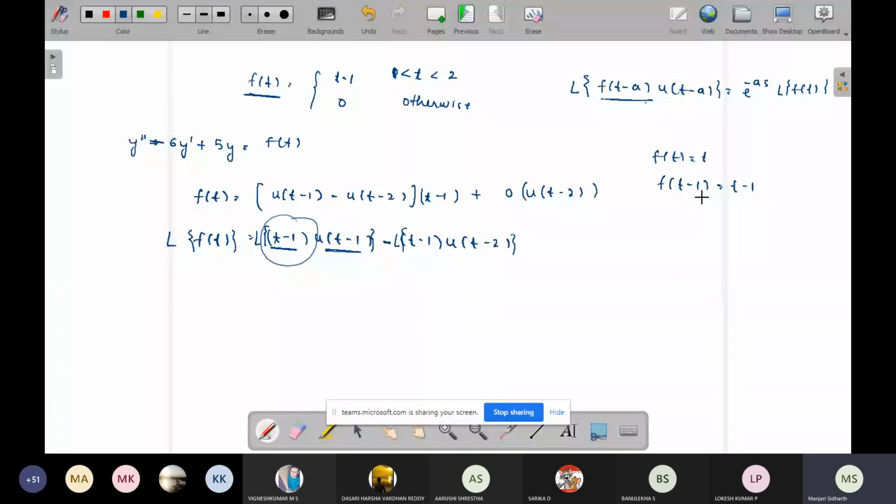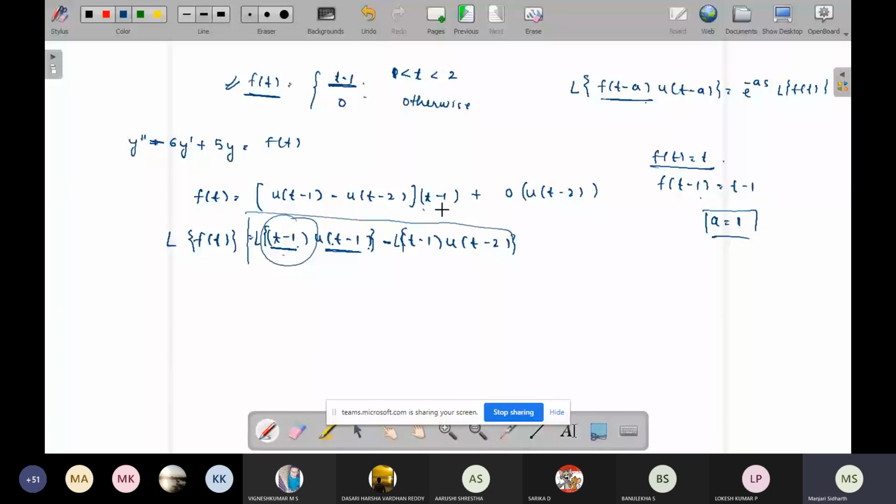When you were writing, I told you that the a value is 1 here. For this purpose only, I told you that f of t is t. Already I have written it in this form. I have considered this component as t minus 1 only.